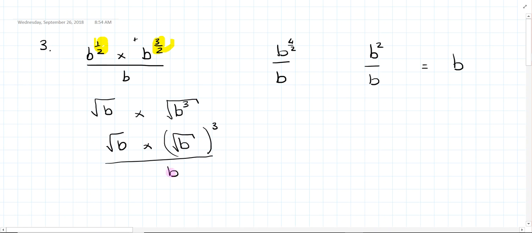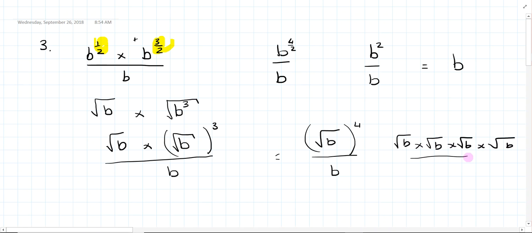Okay. And actually, if we do that, square root of b times the square root of b cubed would be the square root of b to the power of 4 over b. So that's square root of b times the square root of b times the square root of b times the square root of b all over b.